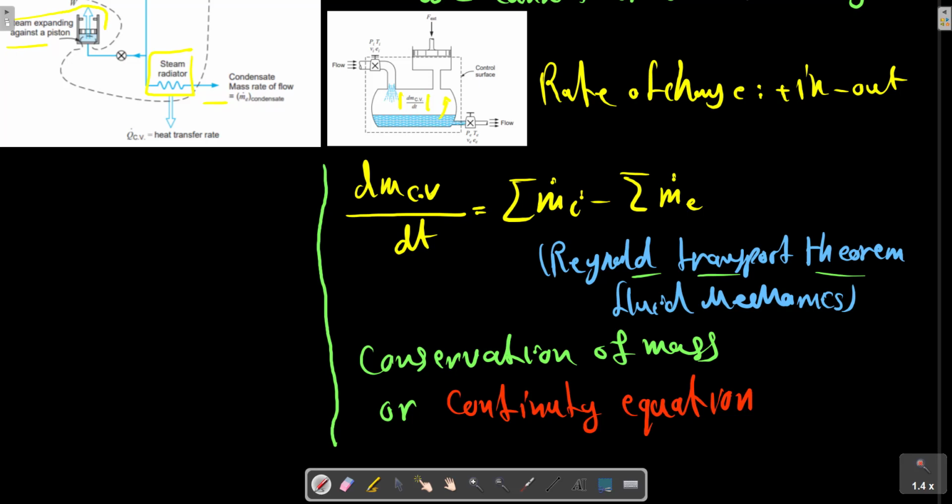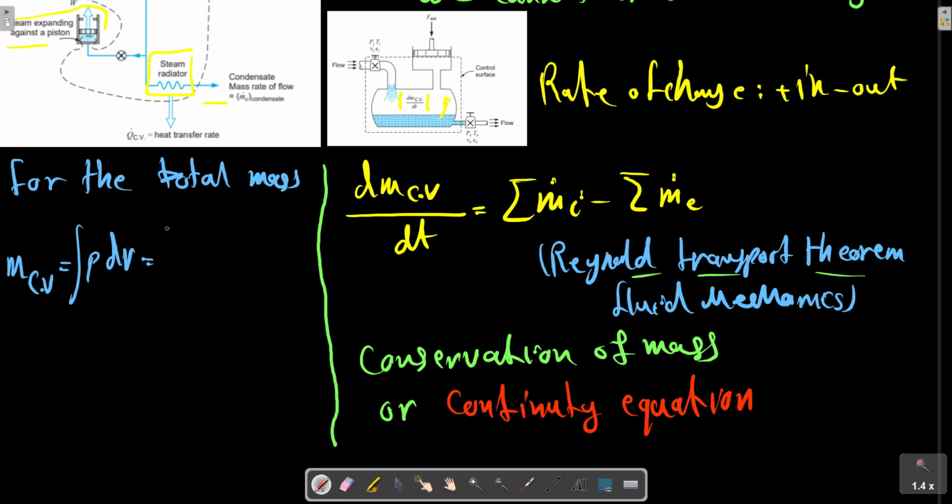So if we have total mass, such a summation is needed when the control volume has several accumulation units with different states of the mass.